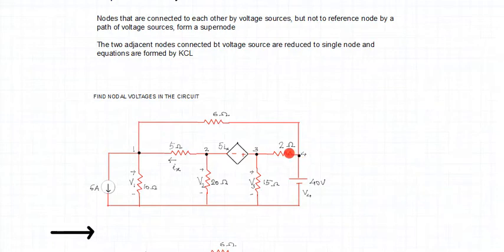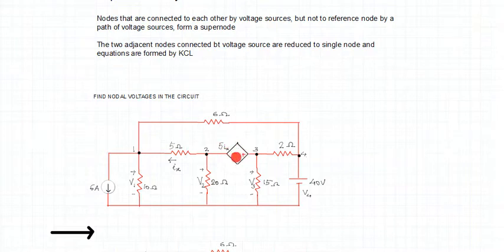First, identify the sources involved here. There is an independent voltage source of 40 volts, an independent current source of 6 amperes, and one more source, a dependent voltage source controlled by a current. So it's a current controlled voltage source.